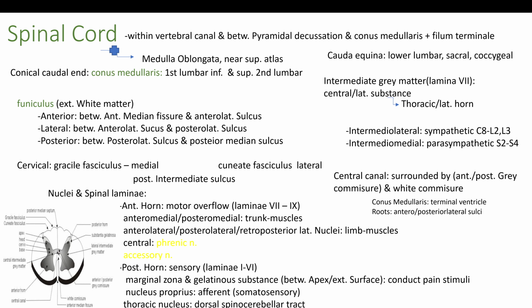It contains in the cervical part the gracile funiculus, which is more medial, while the cuneate funiculus is more lateral. Between the gracile funiculus and cuneate funiculus is the posterior intermediate sulcus.